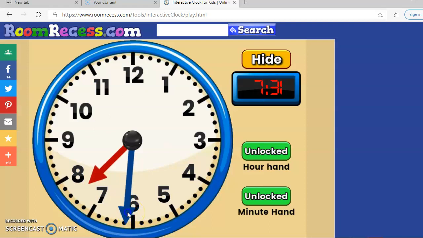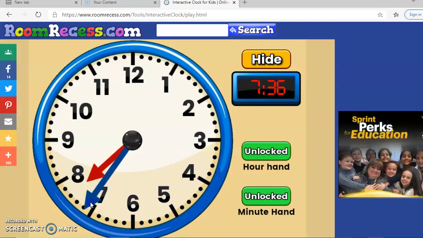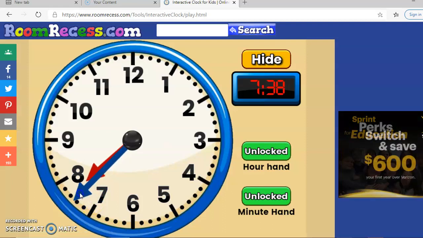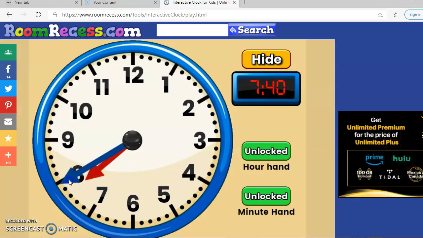Okay, 7:31, 7:32, 7:33, 7:34, 7:35. Come on, baby. Okay, so this moved over a little bit more, and even though it's getting close to the 8, it's not 8 yet because this guy has not gotten all the way around. All right, 7:36, 7:37, 7:38, 7:39, 7:40.